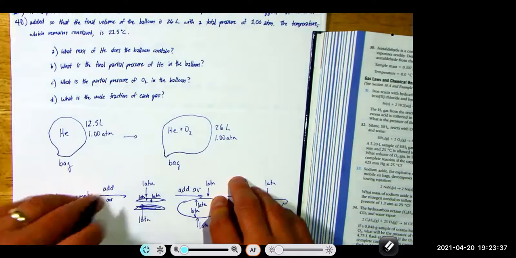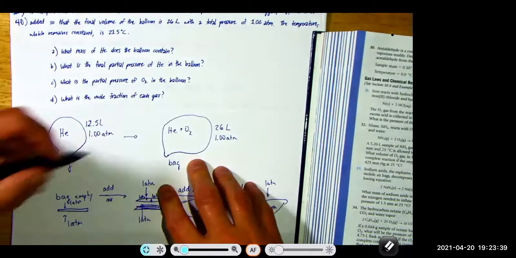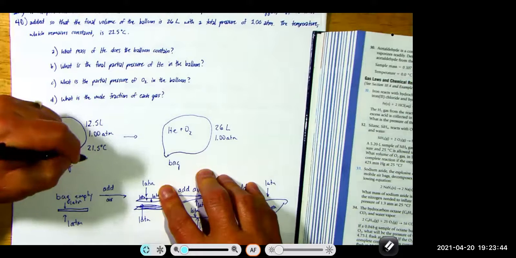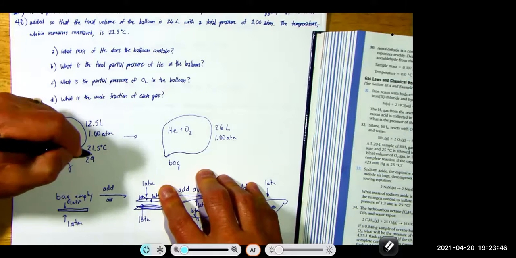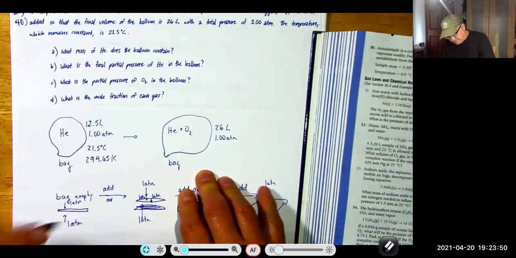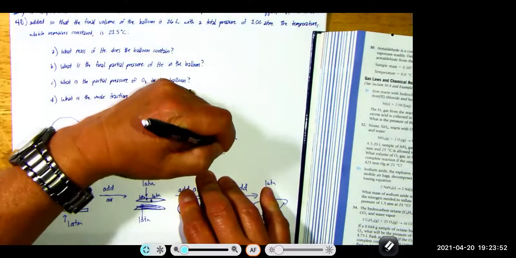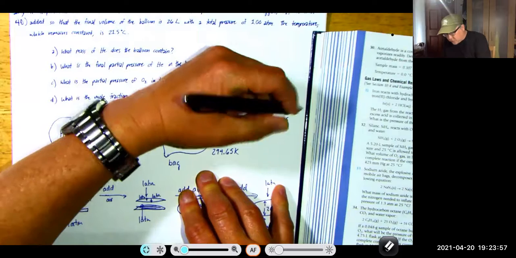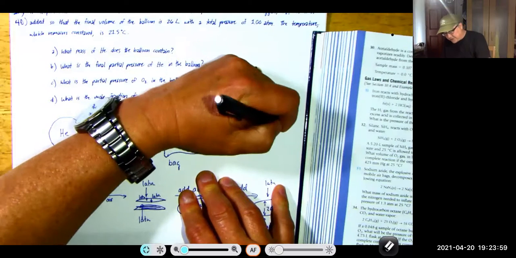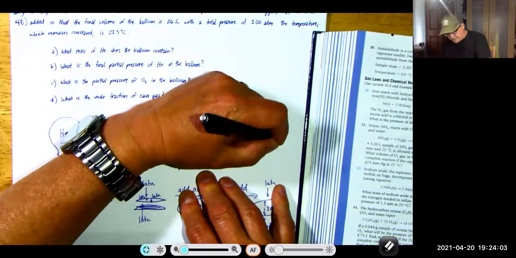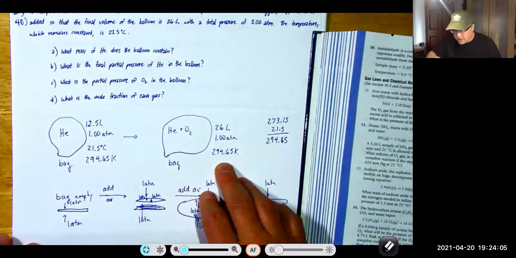The temperature remains constant, so 21.5 degrees Celsius, which is really 294.65 K, right? 273.15 plus 21.5 is 294.65. Okay.